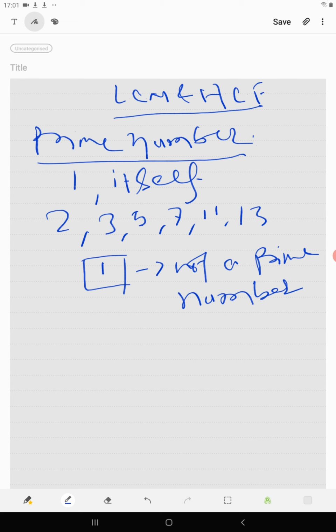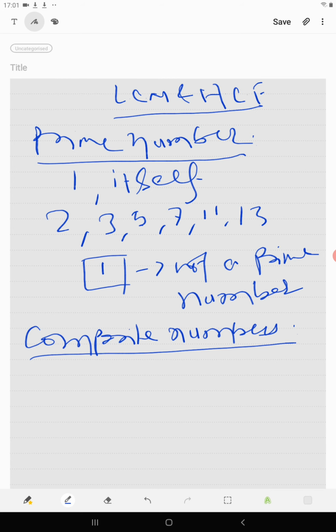Then comes composite numbers. So what is a composite number? Composite numbers are numbers which have a factor of 1 and itself, and other than that they have other factors also. So it can be represented as a product of prime factors.